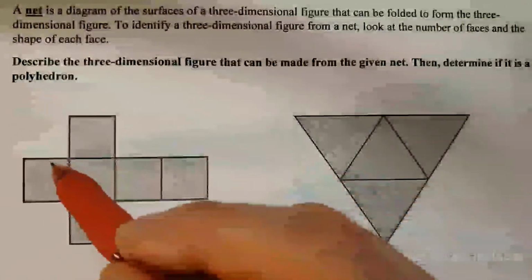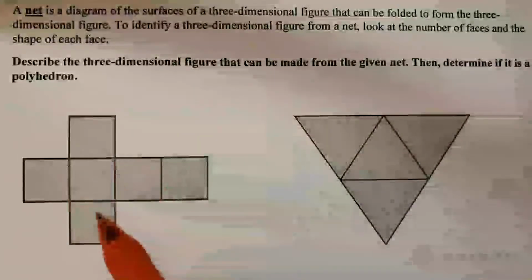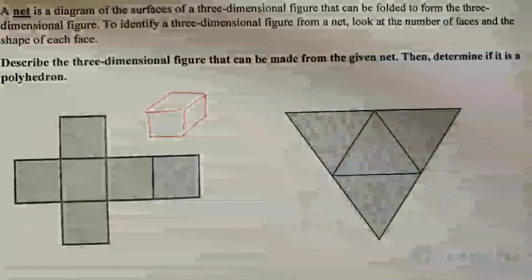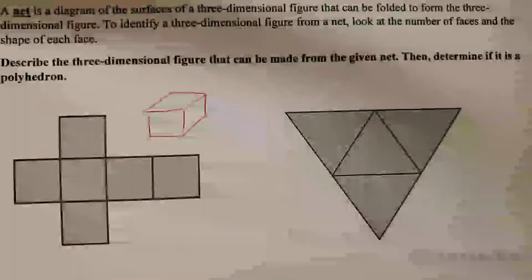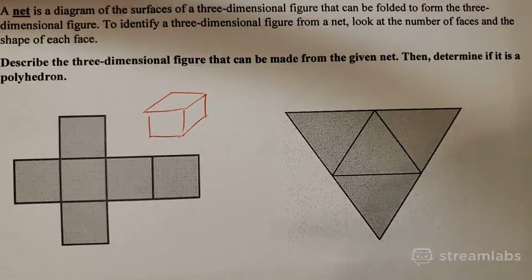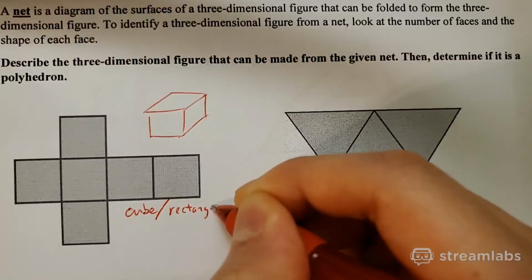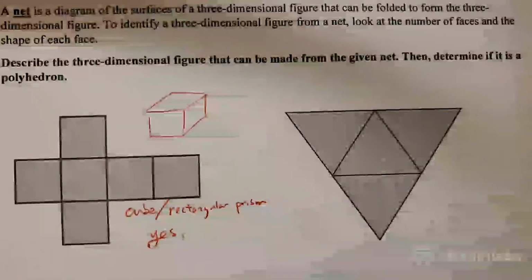Because it's a cube, isn't it? Like you just fold it up, and then you'll get a cube. Like when you fold it up, it will look like this, right? After you fold it up. So a cube is obviously you can call it a rectangular prism as well. So it's a cube, but if you want to call it a prism, it's going to be a rectangular prism. Is it a polyhedron? Yes, it is. Okay, it is a polyhedron.